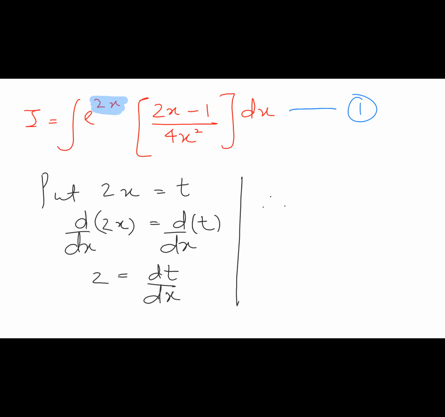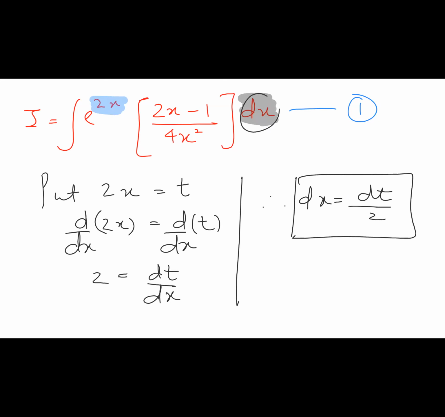Okay. Look at equation number 1. dx will be written as dt by 2. Fine. Now try and understand what things will happen over here.